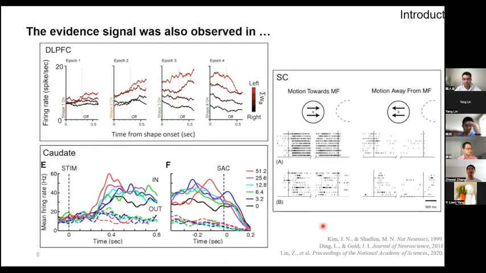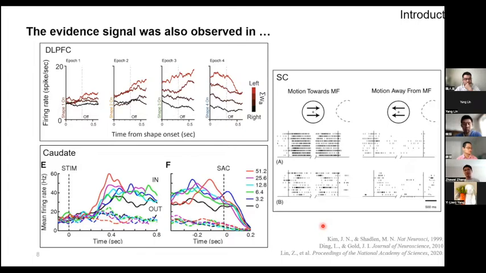But such an accumulated evidence signal has also been found in many other brain areas with almost the same behavior paradigm, such as the dorsolateral prefrontal cortex, the caudate, the superior colliculus.